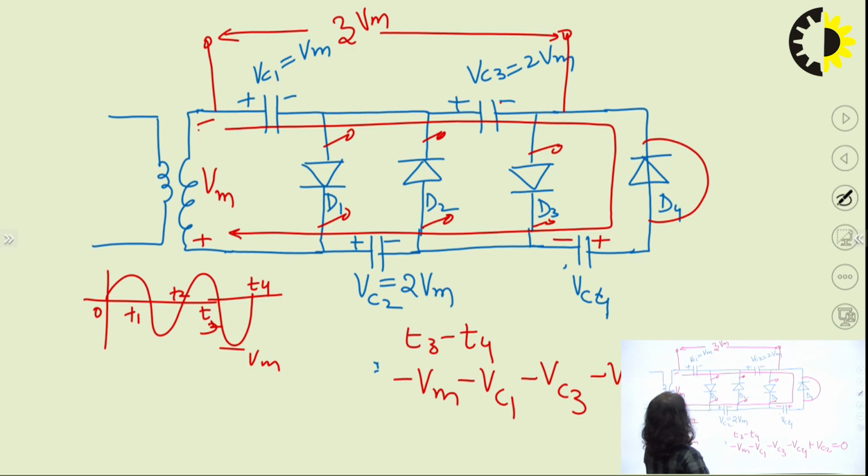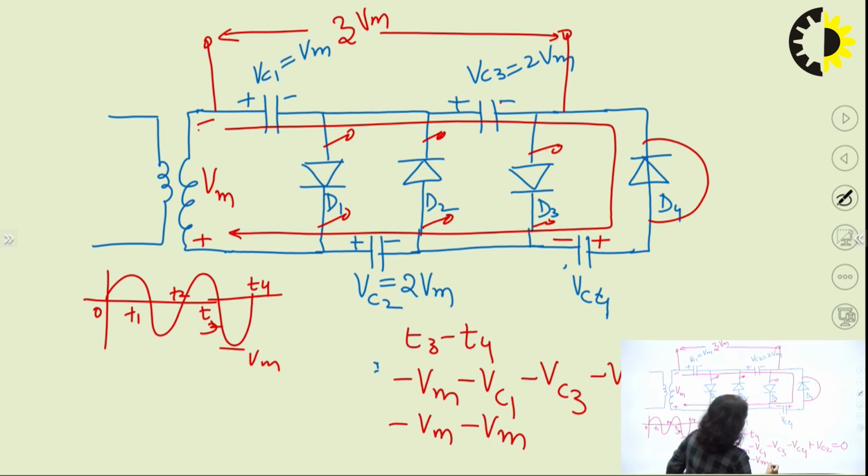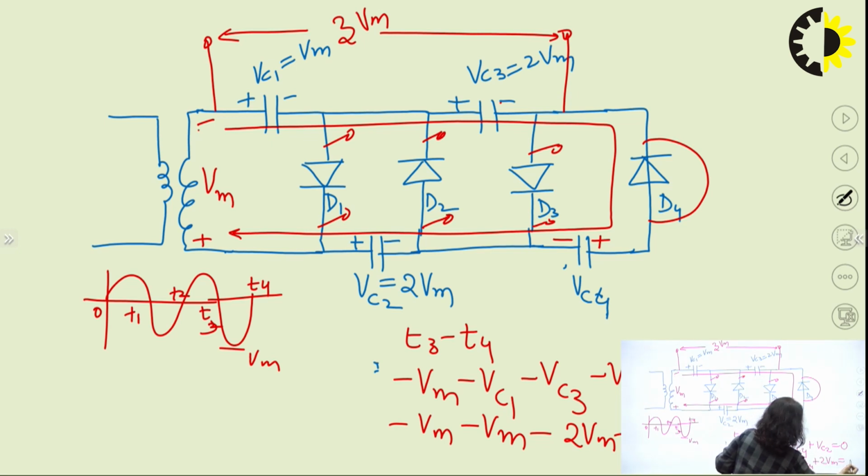So keeping that value, minus Vm minus Vm, Vc3 is equal to 2 Vm, minus Vc4 plus 2 Vm is equal to 0.